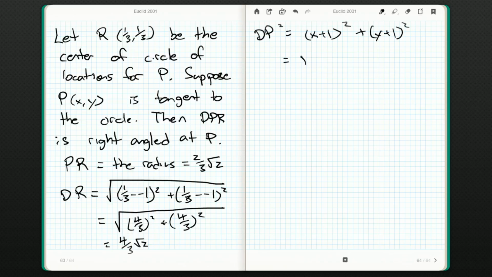But DP squared is also DR squared minus PR squared. So that's 32/9 minus 8/9, that's 24 over 9.